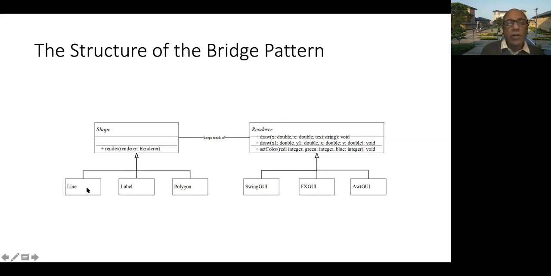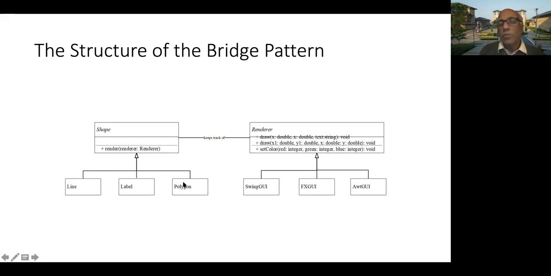And I can draw a line, a label, and a polygon using a combination of these 3. For example, for drawing a label, I might change the color to something and draw the label using this first method. To draw a line, I might set the color using this third method here and draw the line using the second method.